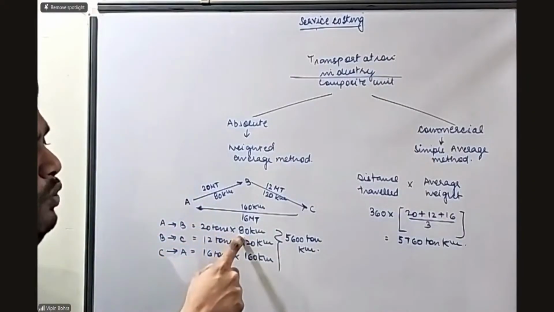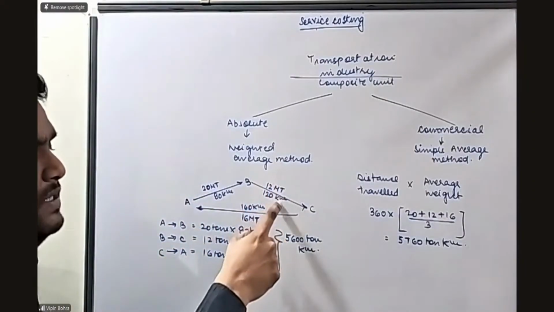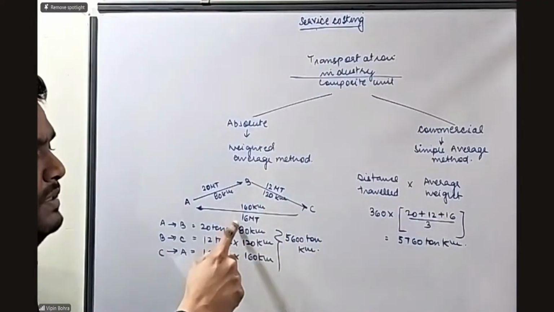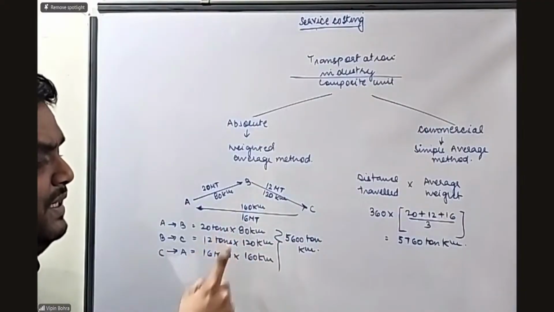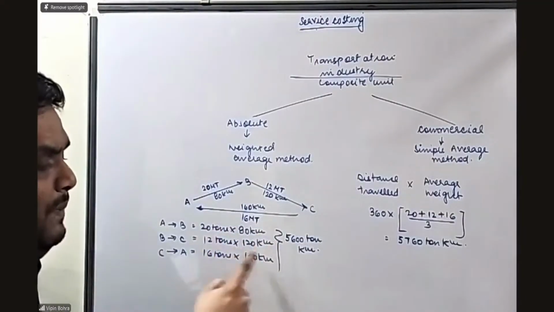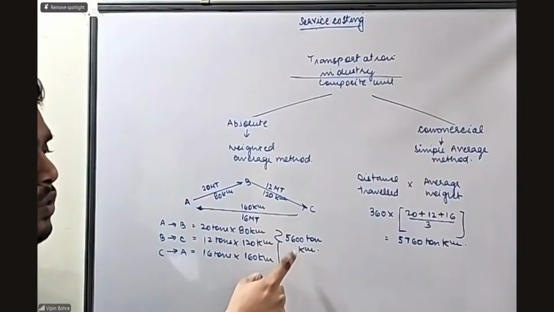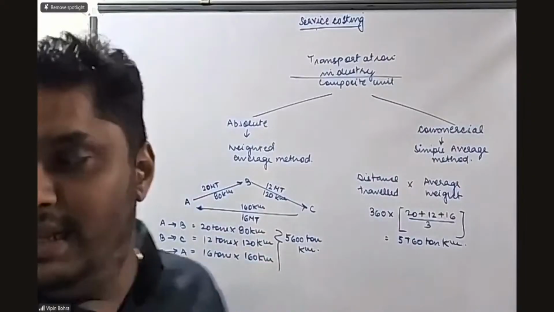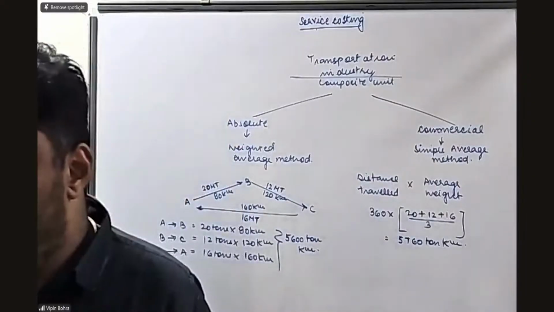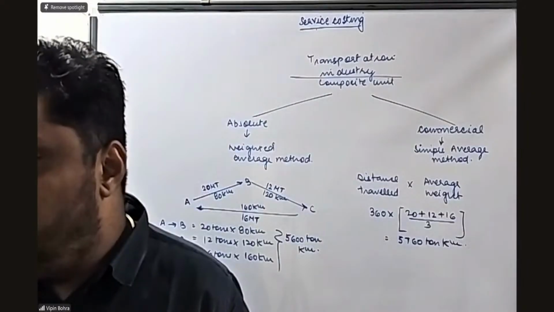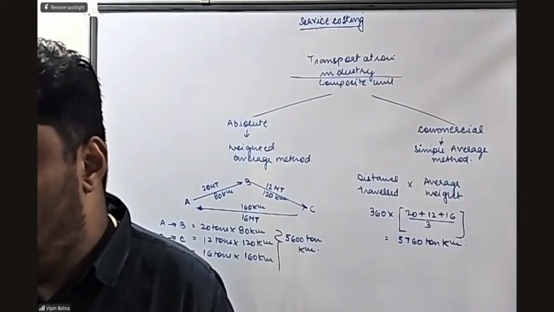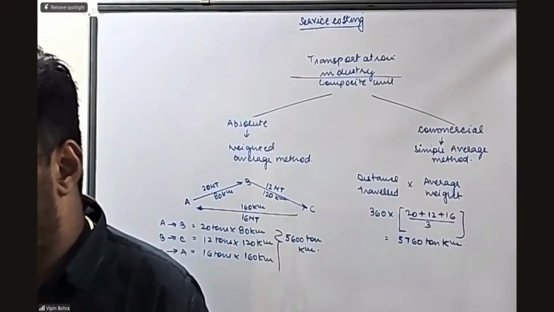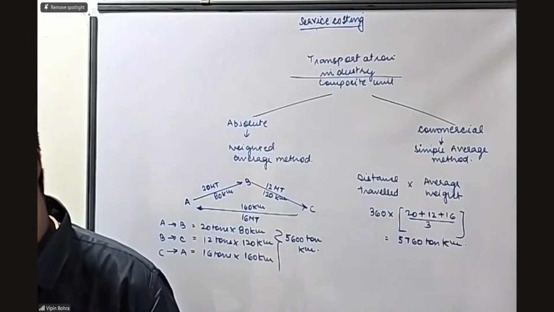So 20 into 80, 12 metric tons, 120 kilometers, 16 metric tons, 160 kilometers. You have to multiply these and calculate the total. You will get 5,600 ton kilometers. You can check your calculation, Linga. I hope it is clear.